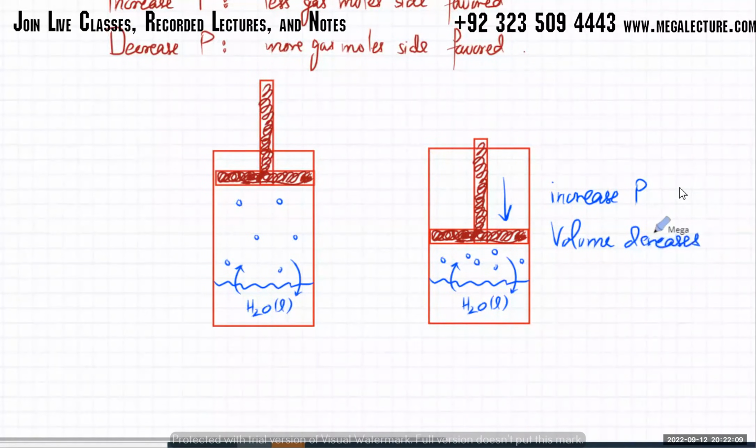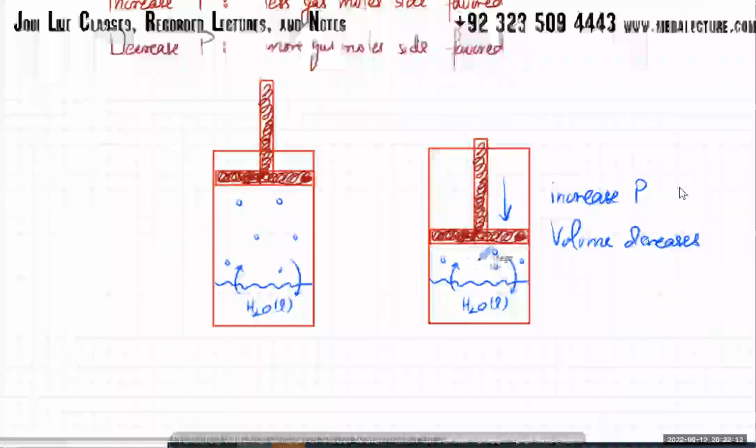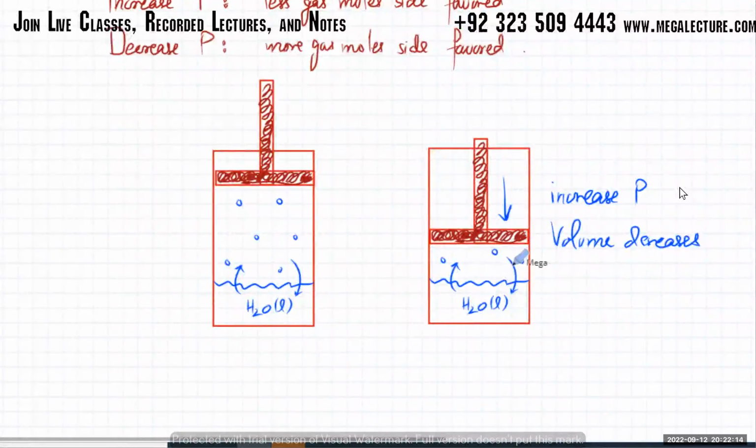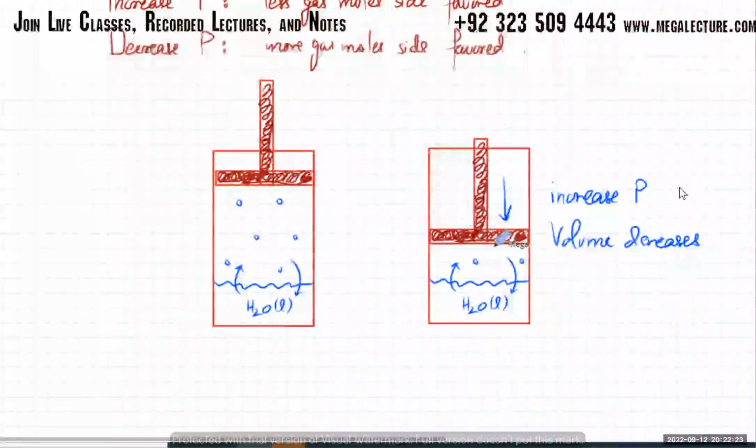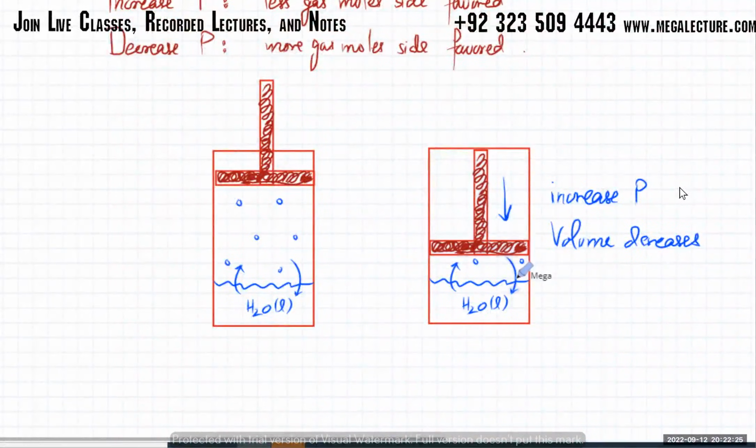And since you have a lesser volume, less gas will form because there is no room for gas to form, right? If I continue to increase pressure, less and less gas will be formed because there's no room for it, since I'm decreasing the volume.